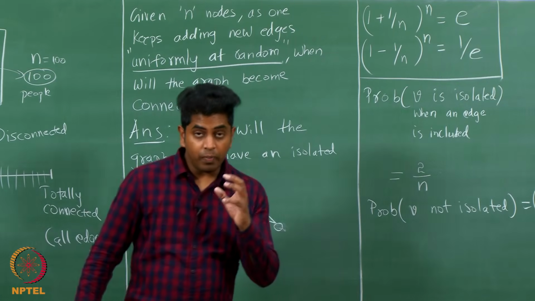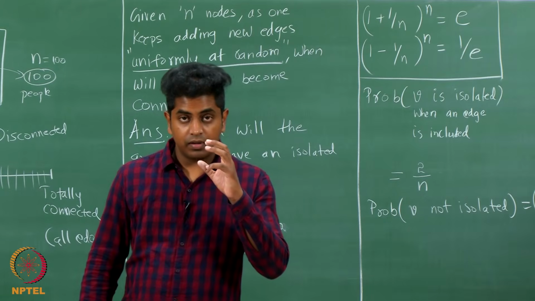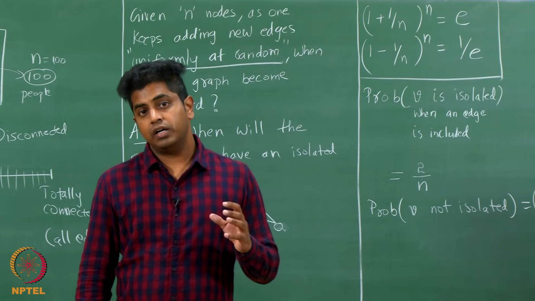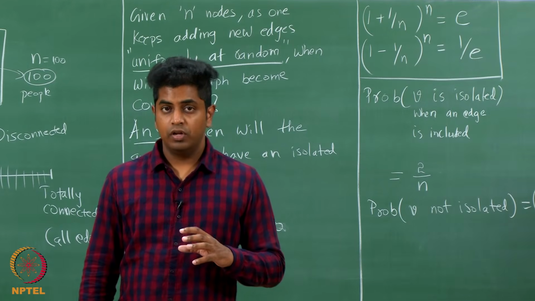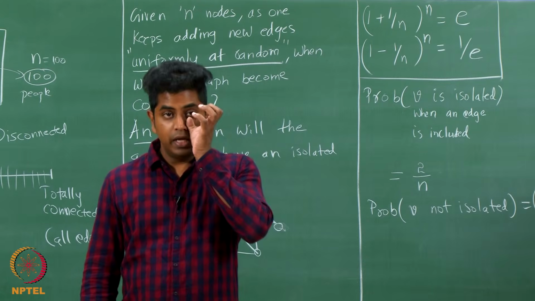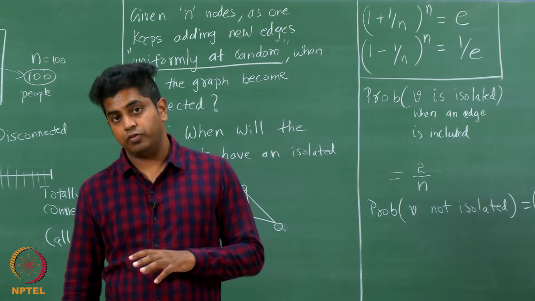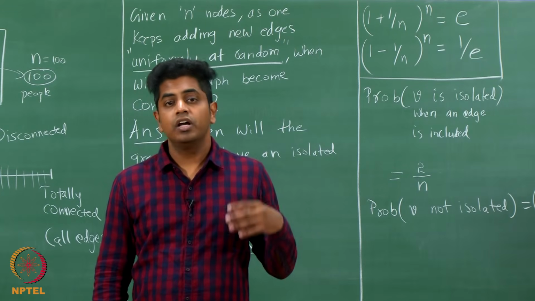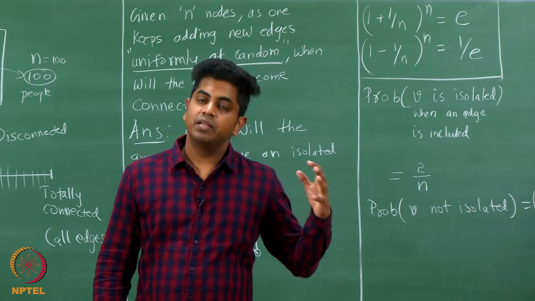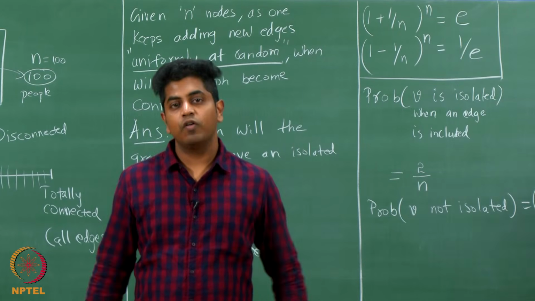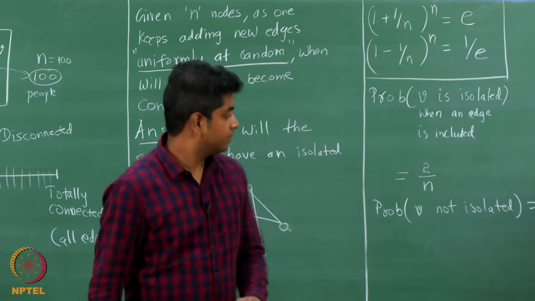You see, probability of it raining today, if it is 1 by 4, probability of it not raining today is 3 by 4. The probability of not raining today and tomorrow is 3 by 4 into 3 by 4. The probability of not seeing any rain today, tomorrow, day after is simply the product of 3 by 4, 3 by 4, 3 by 4. Again a straightforward concept of probability, right.